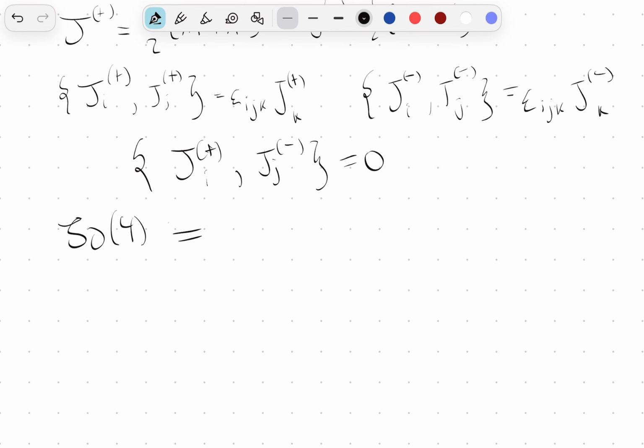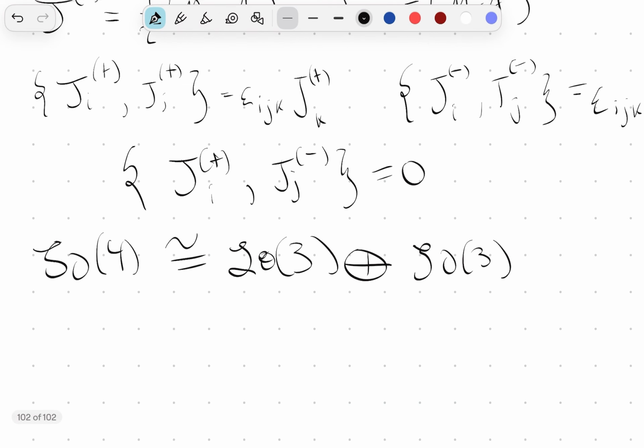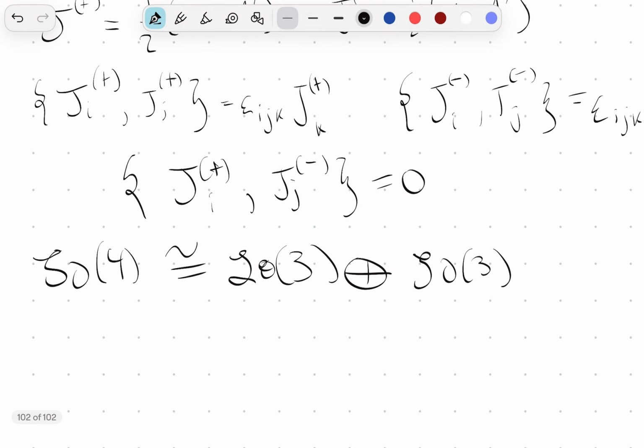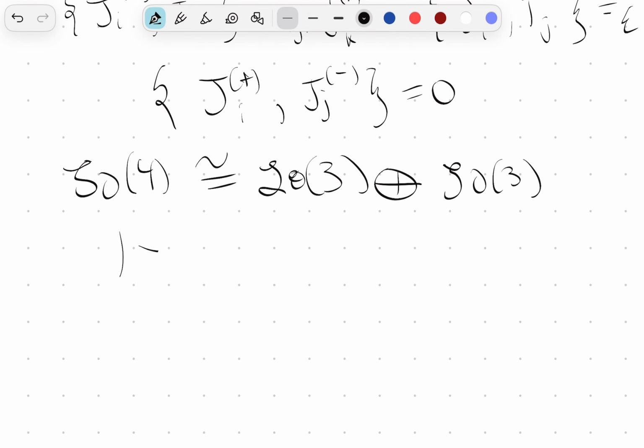The algebra SO4 will be isomorphic to the direct sum of the SO3 Lie algebras. So geometrically, we have these two Casimir invariants that we're building, J minus and J plus.